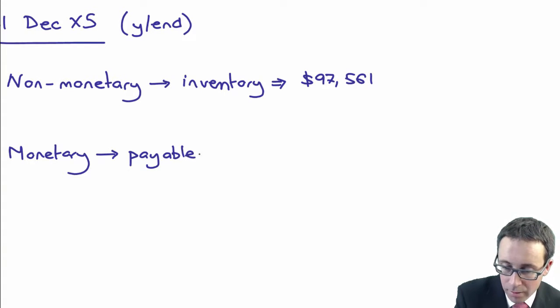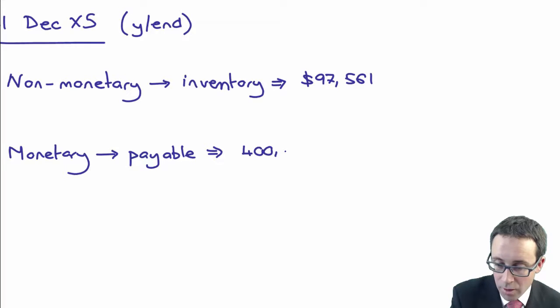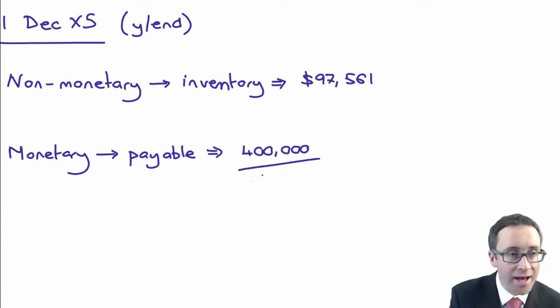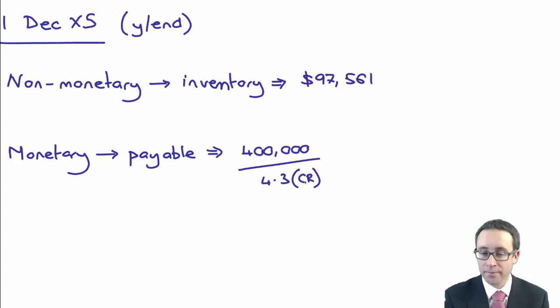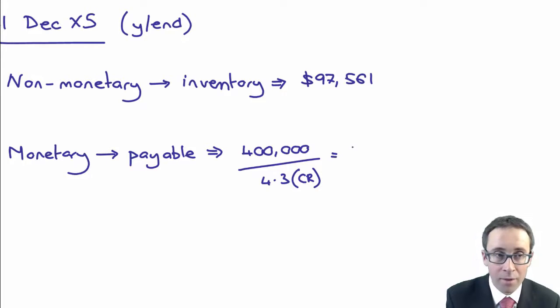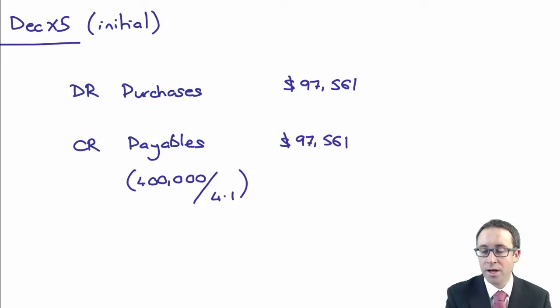However, the payable is monetary, isn't it? So we retranslate it. We retranslate that 400,000 at the closing rate, which I think was 4.3, wasn't it? So my payable at the end of the year needs to be 93023, doesn't it? Okay. Previously, it was 97561, wasn't it?